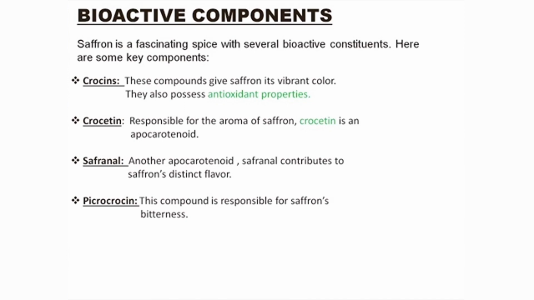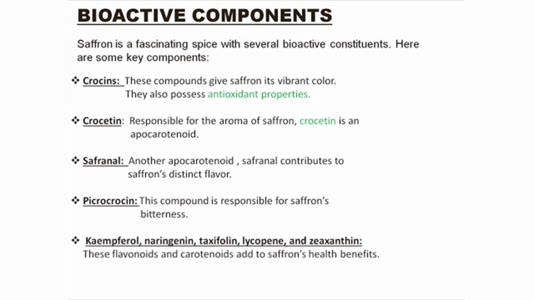Some other components like kaempferol, naringenin, taxifolin, lycopene, and zeaxanthin are also present in saffron. These are the flavonoids and carotenoid pigments that add to saffron's health benefits. Some vitamins are also present, particularly thiamine, as a bioactive component in saffron.